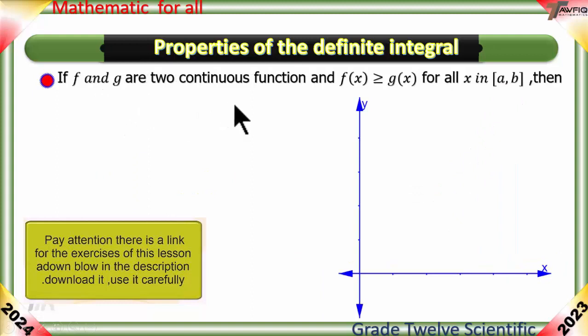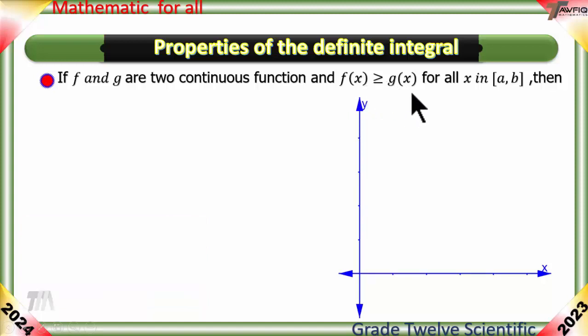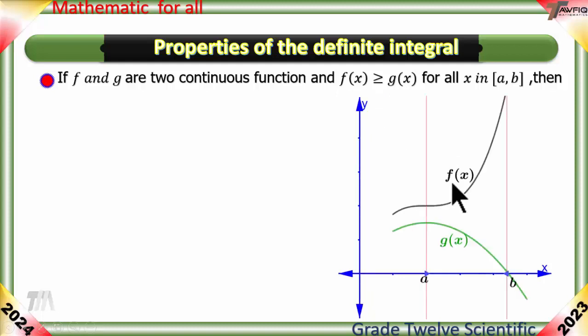If f and g are two continuous functions and f(x) is bigger than or equal to g(x) for all x in the interval [a, b], then if we have two functions, one of them bigger than the other, as you can see here, f(x) is over g(x), that means f(x) is bigger than g(x). Therefore, the integration from a to b of f(x) is bigger than the integration from a to b of g(x).